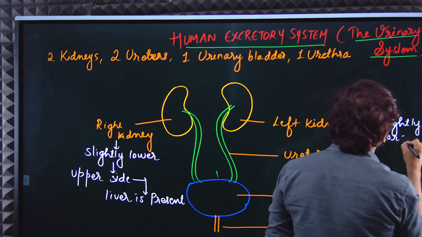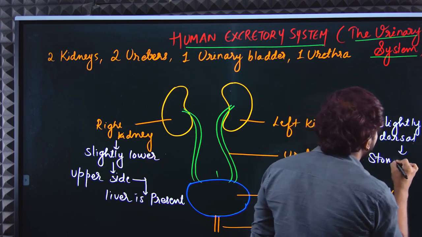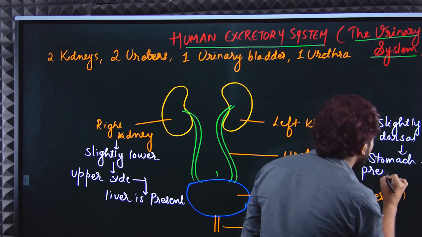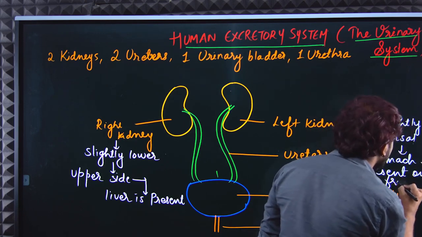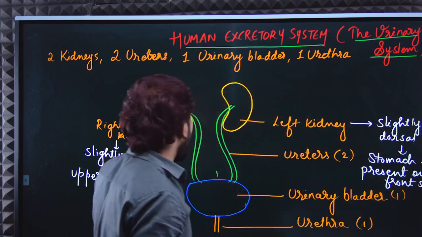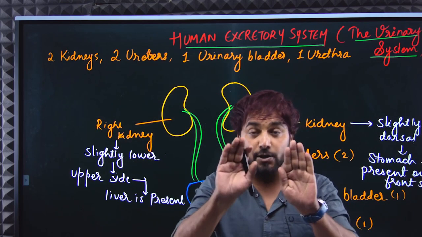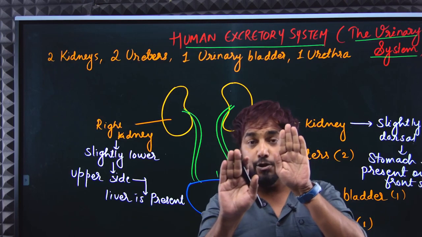The reason is that the stomach is present on the front side. So right kidney is slightly lower, left kidney is slightly dorsal.